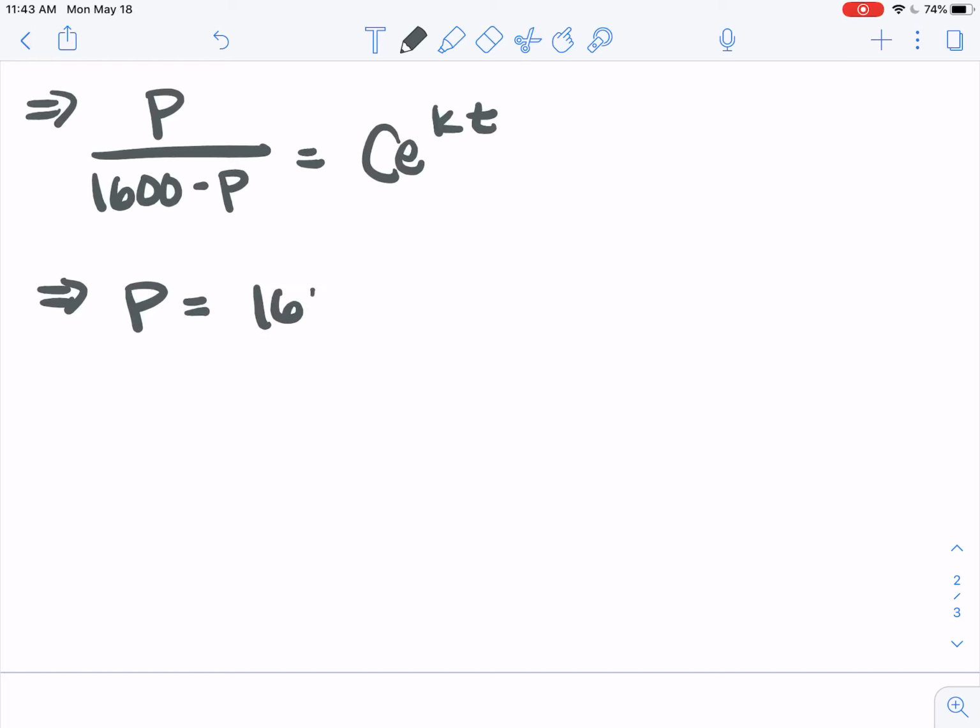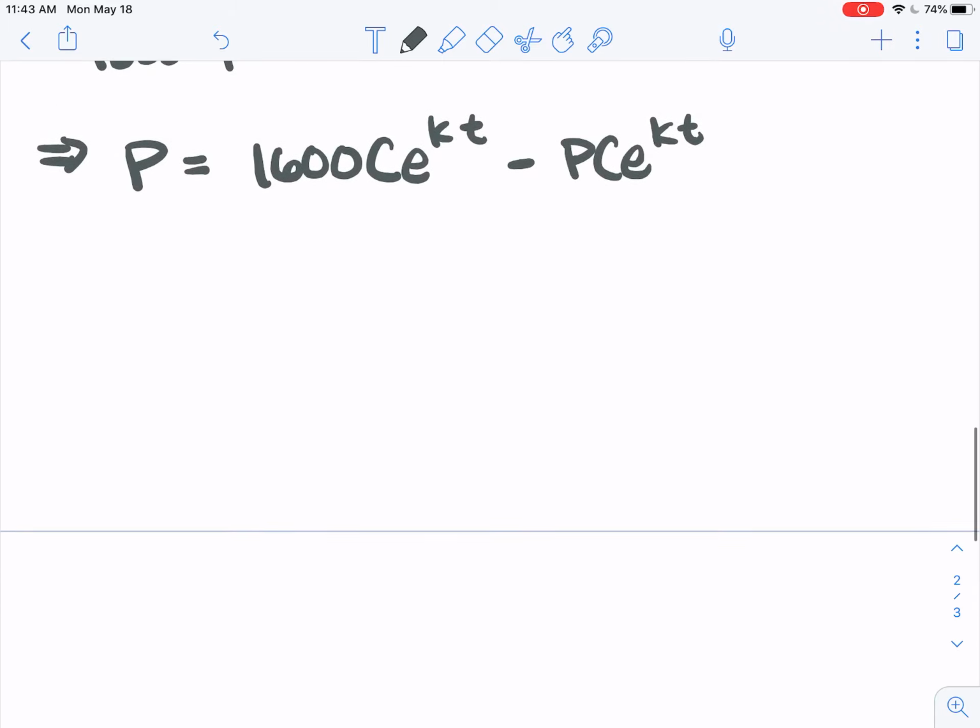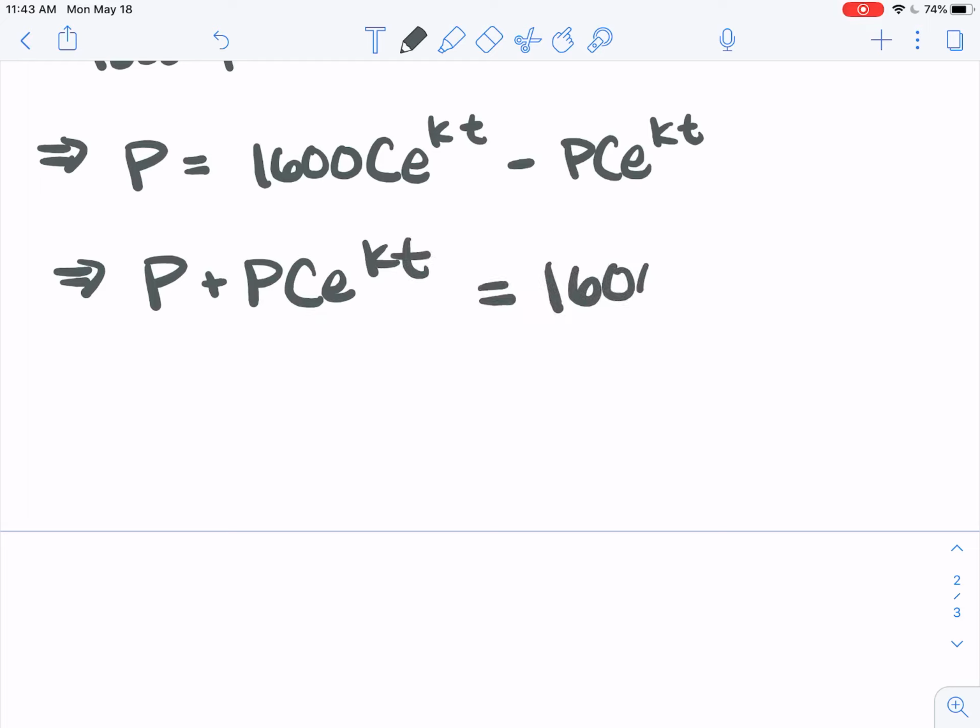So we have 1,600 c e to the kt minus p times c e to the kt. I don't want to relabel the 1,600 c because I have c in both terms now, so I don't want to be changing the meaning of c anymore at this point. Let me put all of the p's on one side: plus p c e to the kt equals 1,600 c e to the kt.